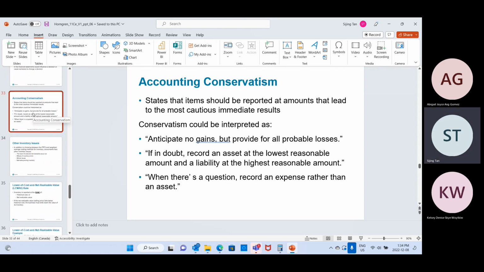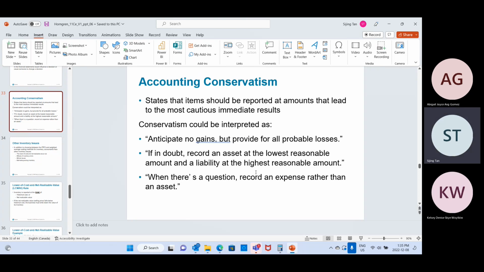Accounting conservatism. Conservatism in accounting means to present the financial statements at an amount that leads to the most cautious immediate result when more than one possibility exists. Now, this is: if in doubt, record an asset at the lowest reasonable amount and a liability at the highest reasonable amount. Or when there is a question, record expenses rather than assets.